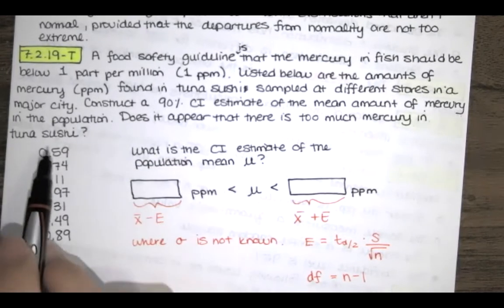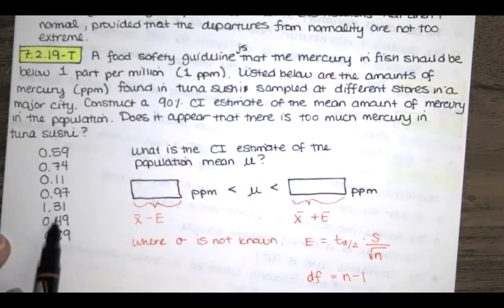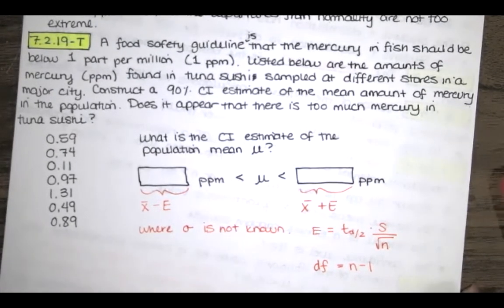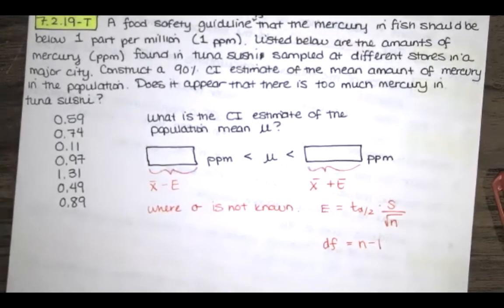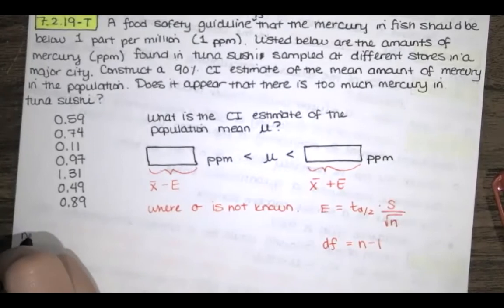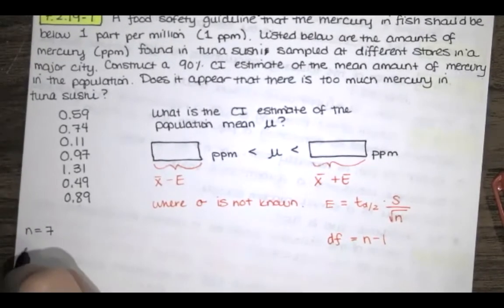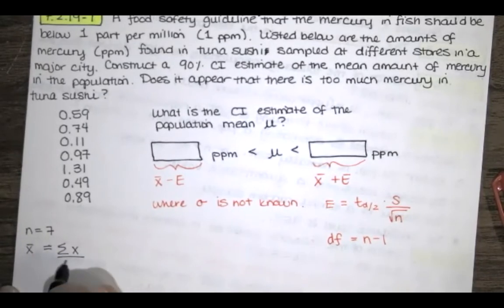So we see we have n equals 1, 2, 3, 4, 5, 6, 7 pieces of data. So n equals 7. So let's write that down. Now, if I want to calculate x bar, remember how we do that? We just add all of the x's together and we divide by the sample size.